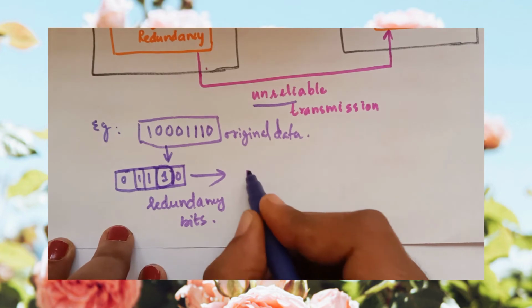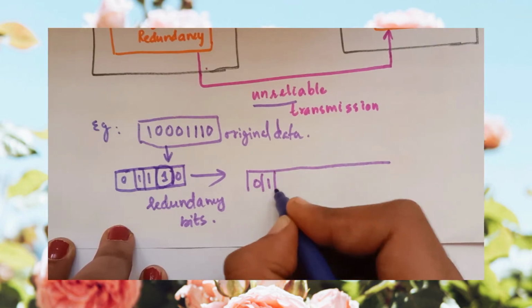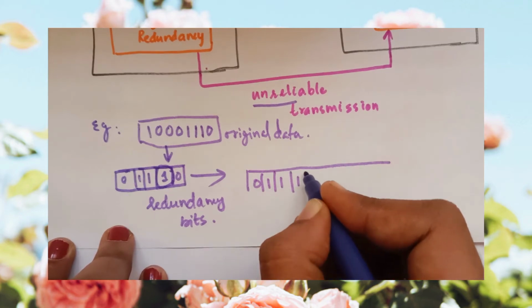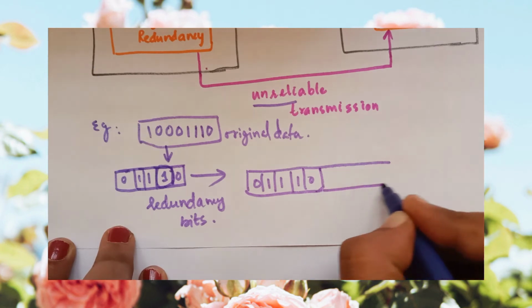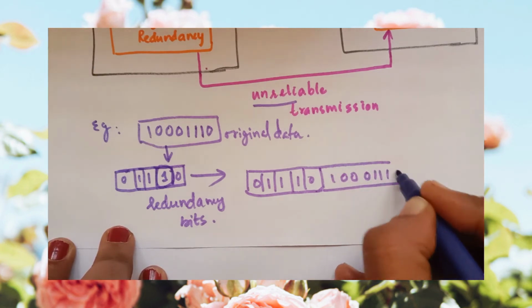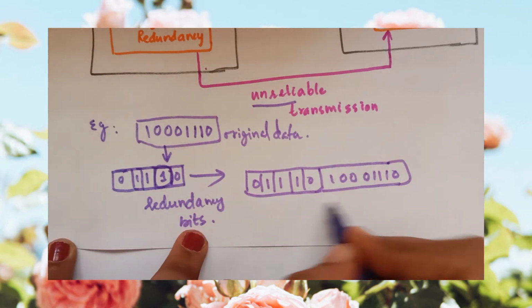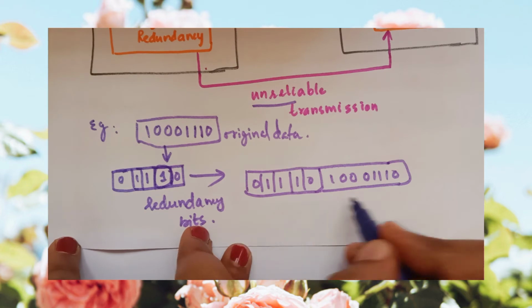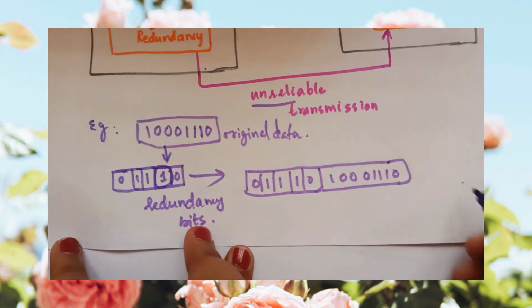Then the data is changed to 1001110, which contains the original message and the redundancy bits. Then we transmit this message to the receiver.